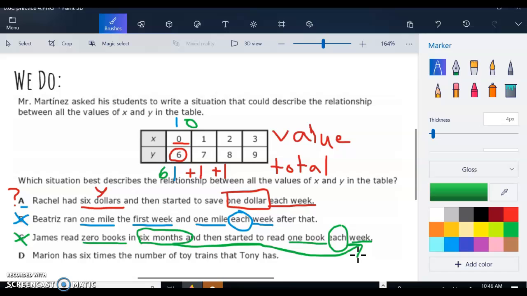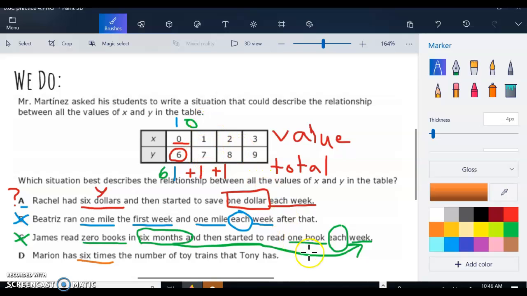Let's go to answer choice D. It says Marianne has 6 times the number of toy trains that Tony has. 6 times the number. So, guys, is 0 times 6 equal to 6, or is it 0?